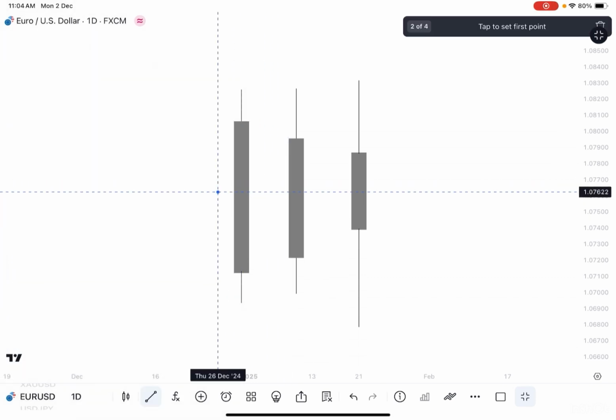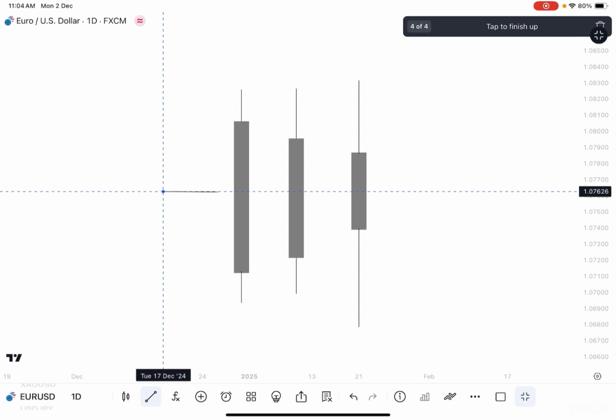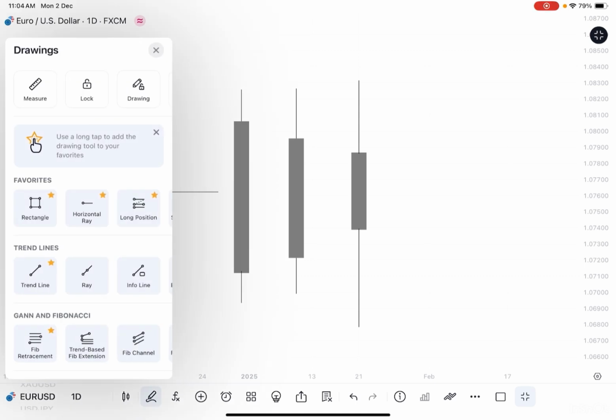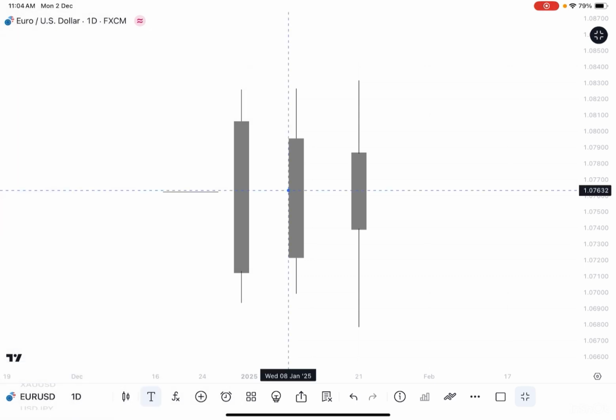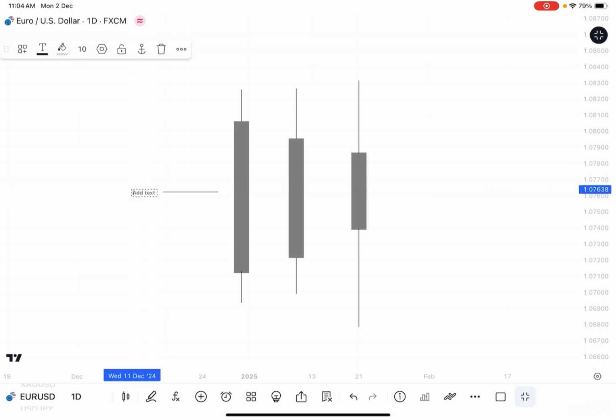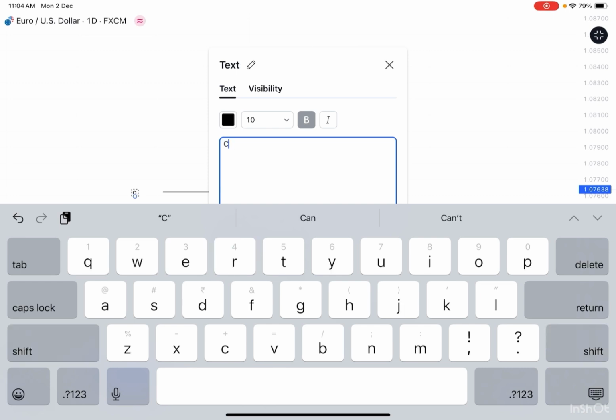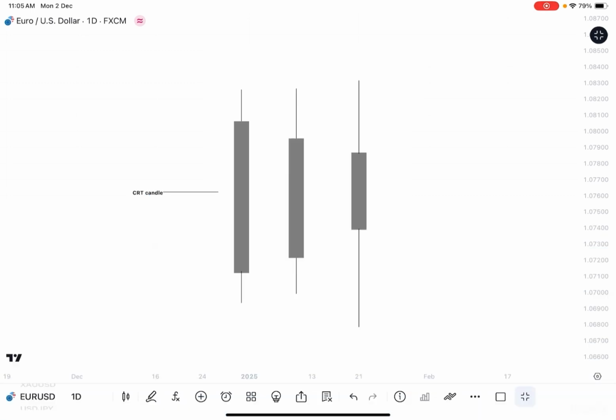Trend line. Text: the first candle was a CRT candle.